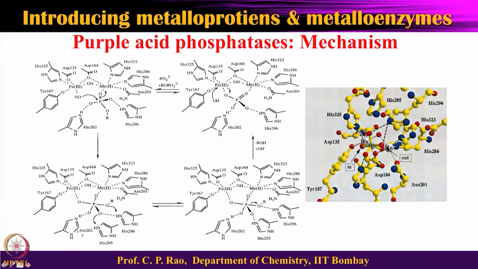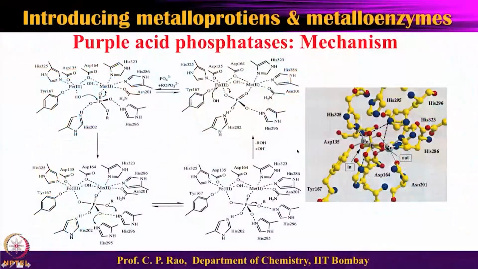These residues in the neighborhood are also helping protonation and deprotonation aspects. So therefore, secondary interactions in an enzyme or metalloenzyme are also very important. It is not only the primary where the metal ion is bound, the secondary interactions are also important. So that will give the ROH out, and then H minus will give.